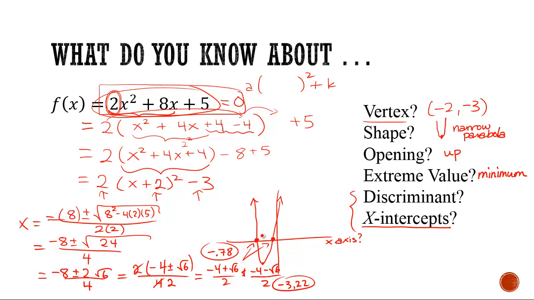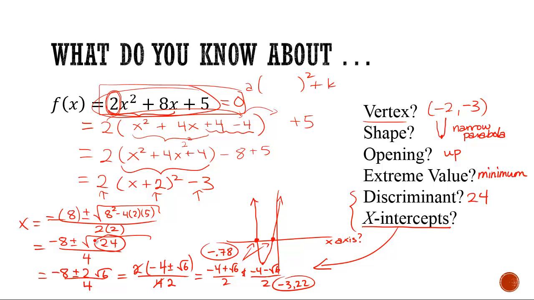Now let's just take a look at the discriminant. The discriminant is 24. And what does that tell us? What do you think the discriminant tells us? Right, so we've got our x-intercepts here, one at negative 3.22, one at negative 0.78. But the discriminant told us that there were 2 answers.